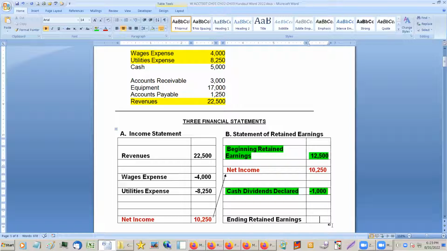Yep, 21.7, that's what I got. So this is what's left in our retained earnings.